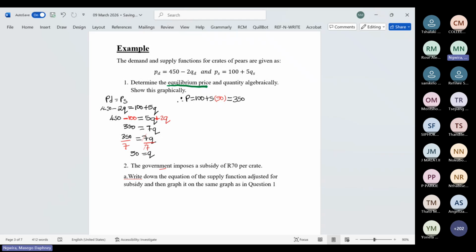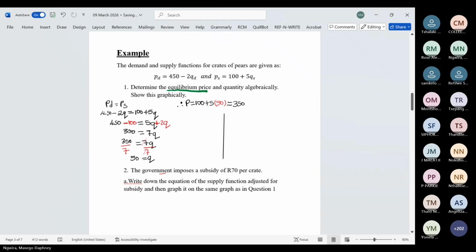So we're doing the same thing when we draw the graph. Just going to draw it. Because P is dependent, P must be on this line, and this is Q. Our graph for demand is going to start at 450.